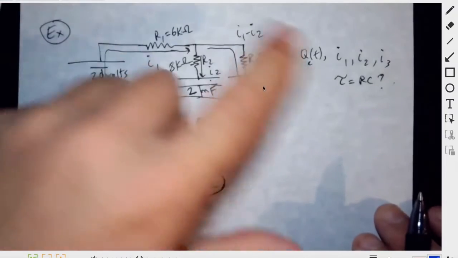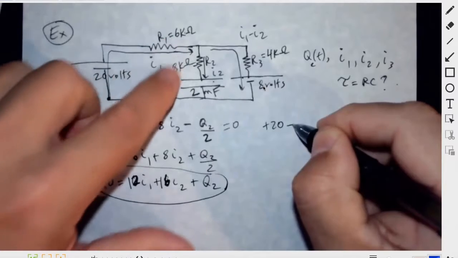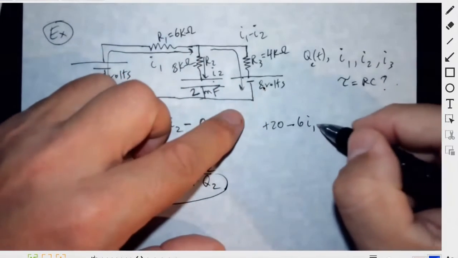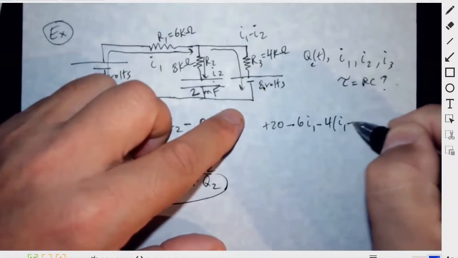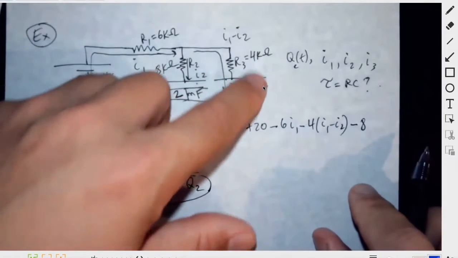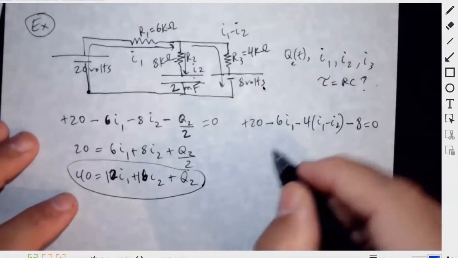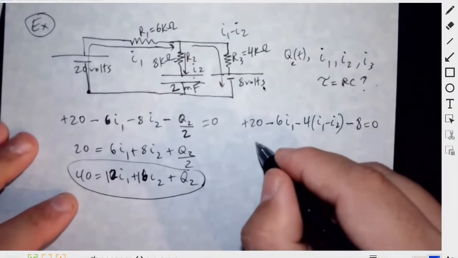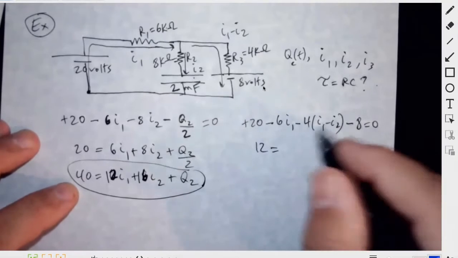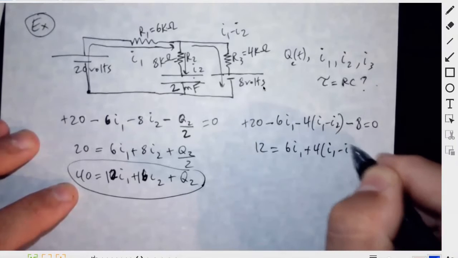So now do the full loop, and you get 20 minus 6I1, and then you get minus 4(I1 minus I2) minus 8. And then that's equal to 0. And then so 20 minus 8 is 12. And then it is 6I1 plus 4(I1 minus I2).